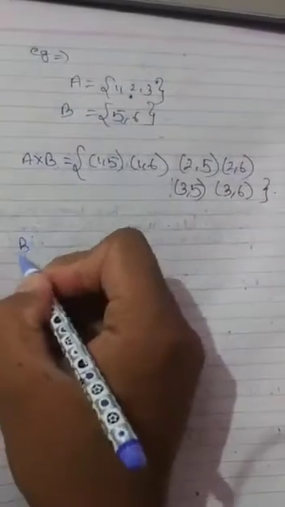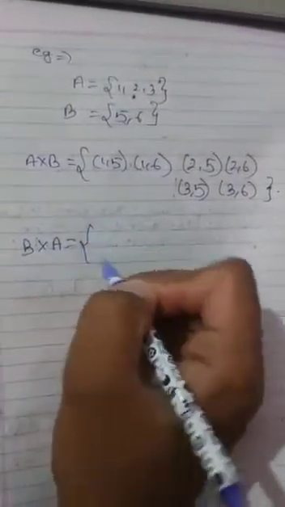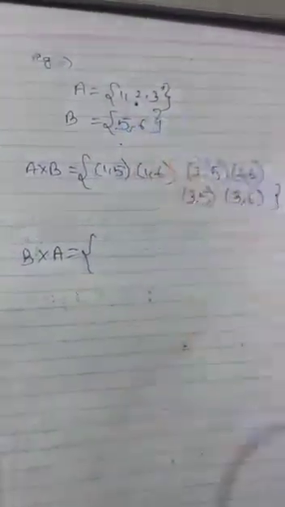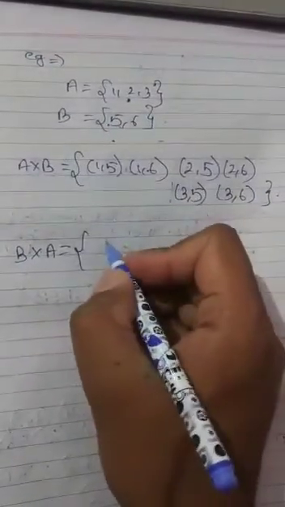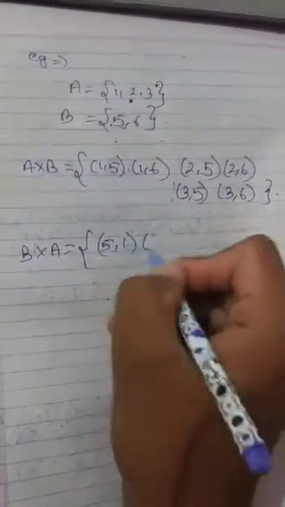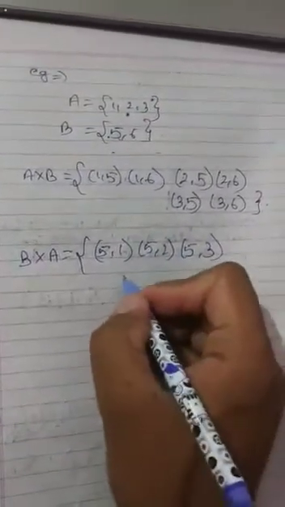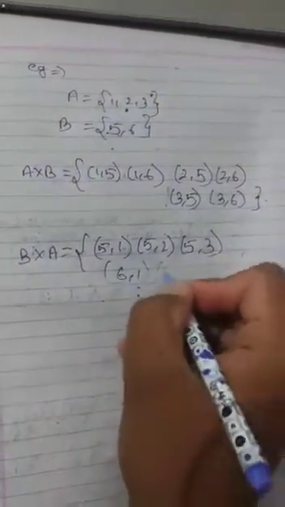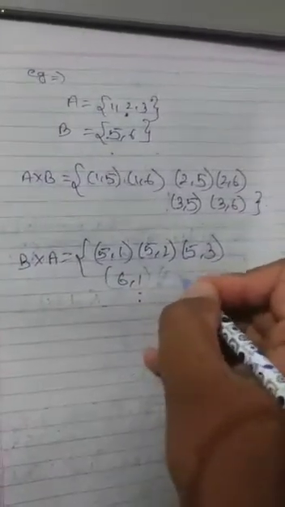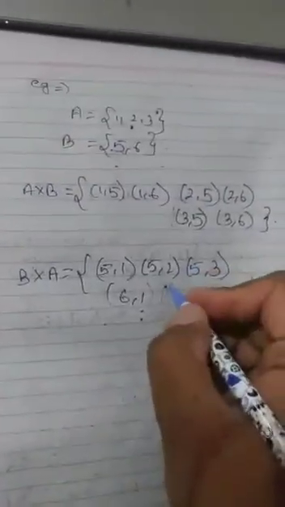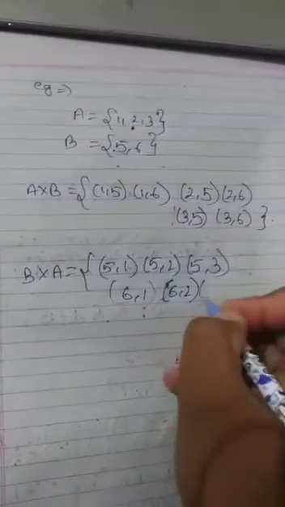Now for calculating B cross A, first we will use elements of set B: 5, 1, 5, 2, 5, 3. Now 6, 1, 6, 2, 6, 3.